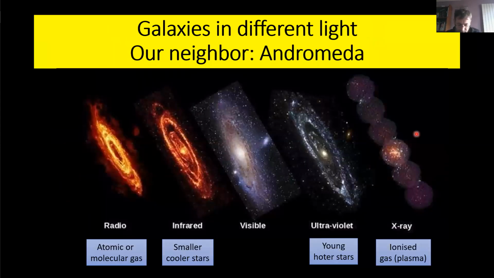Do the same game at our neighbor Andromeda. Visible again, this nice spiral structure of Andromeda, but it seems here a bit more ring-like. Then we look at the infrared, we see the older, cooler stars. The red ones, the smaller ones.